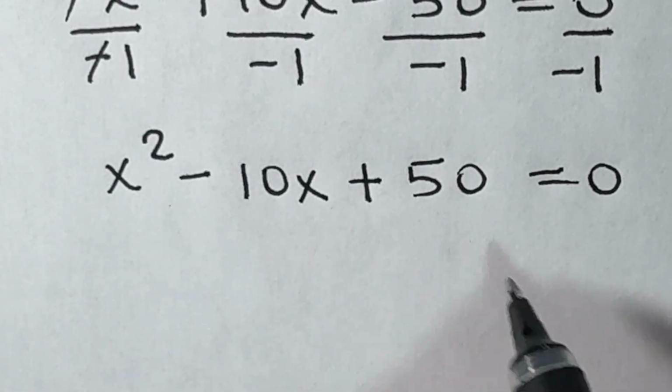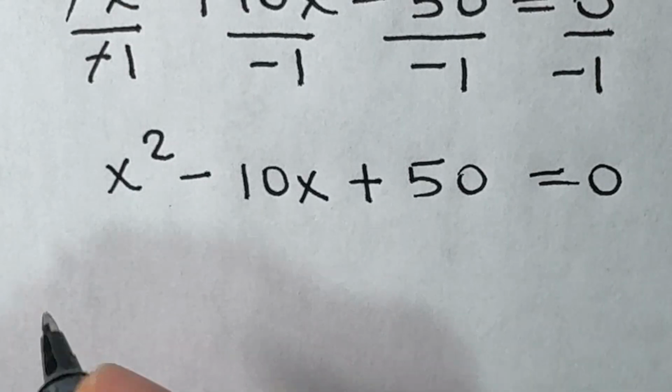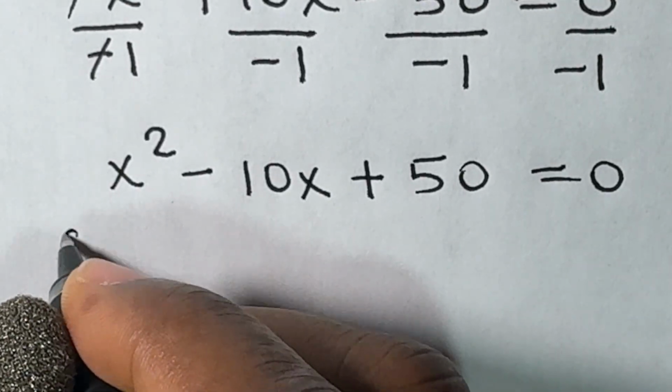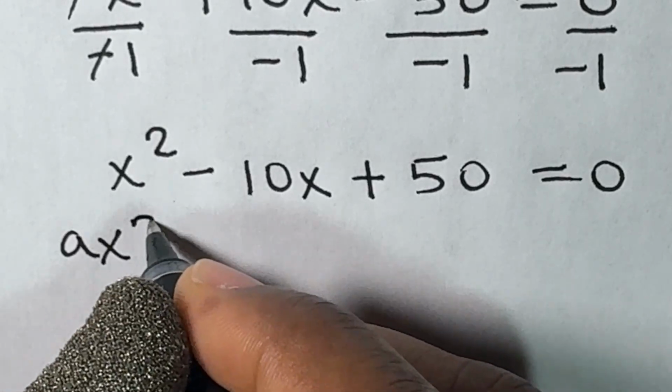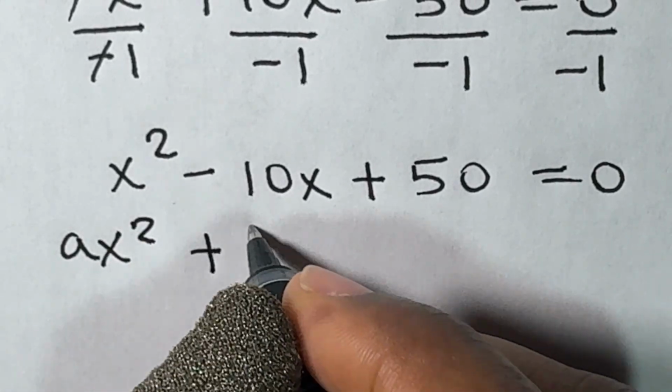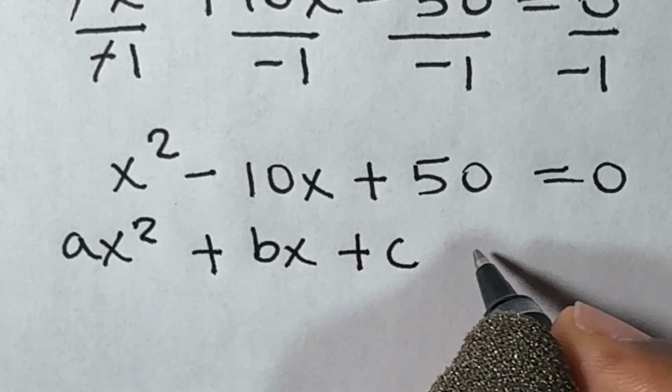Now I have a standard quadratic equation, and from here I'm expected to have two solutions for x. To begin, I'm going to compare this to the general quadratic equation ax squared plus bx plus c is equal to 0.